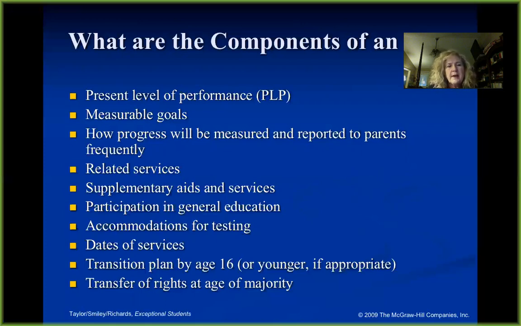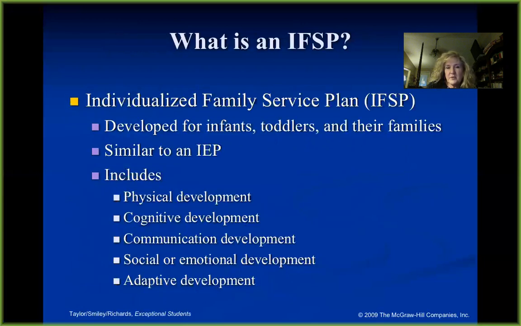We're going to talk about how the student is going to participate in general education. We're going to talk about how we're going to accommodate for statewide assessments that we do. We're going to talk about when we're going to begin the plan and end the plan. We're going to talk about transitioning the student into adulthood if they're of that appropriate age, and how we're going to transfer them into adulthood if they're that age as well.